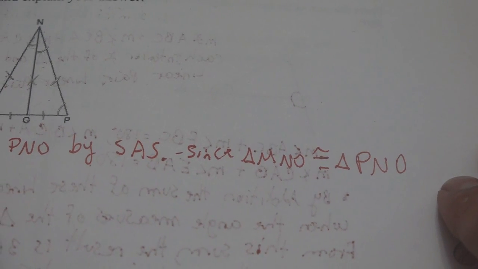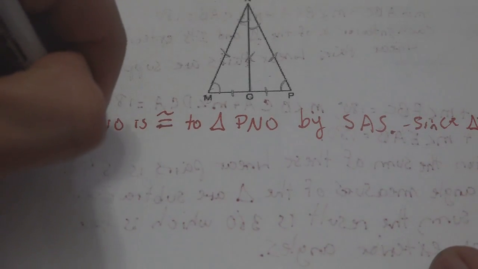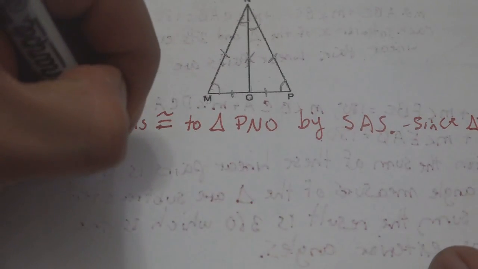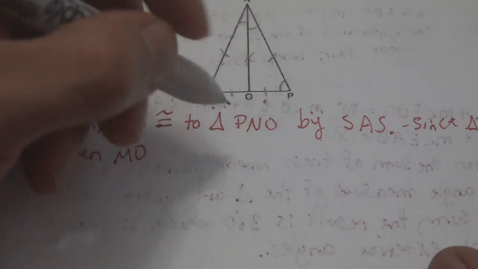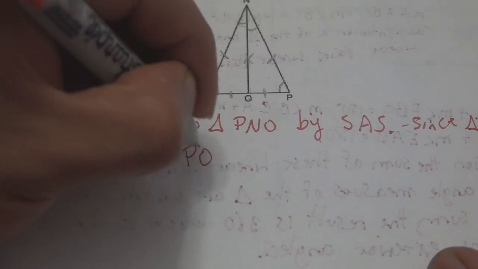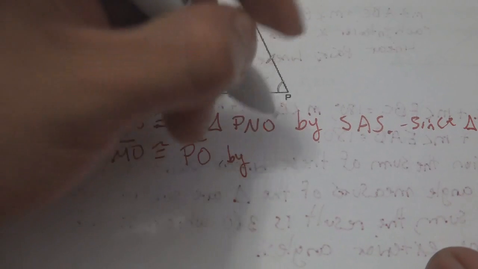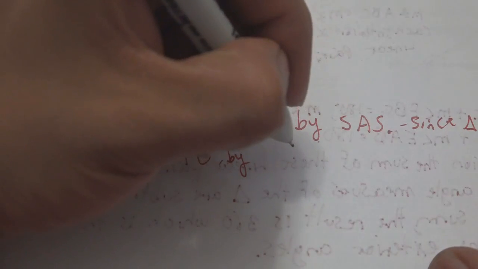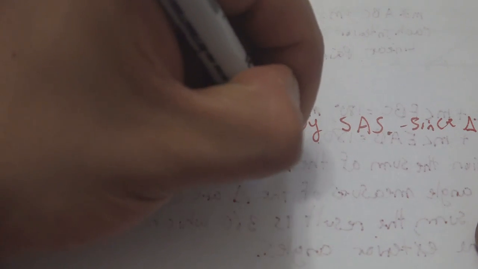Since these two triangles are congruent, then, okay, segment MO, that is this segment, right, is congruent to segment PO. Okay? By what? By the postulate that says that corresponding parts of congruent triangles are congruent.